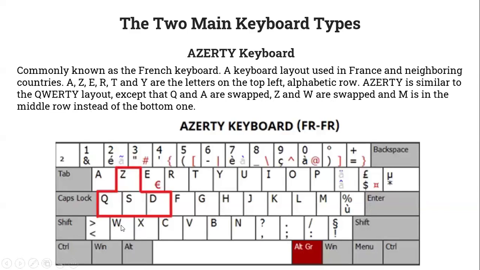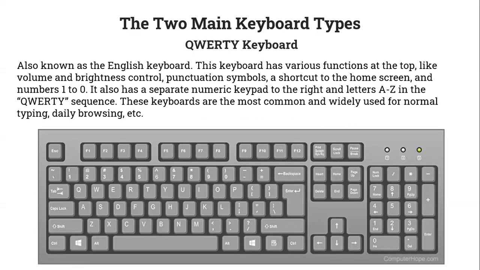So those are some simple ways that you can know what type of keyboard you are using. And another major difference between the English and French keyboard is that with the English keyboard, they have their function keys at the top. And that's their purpose. It's not mixed.